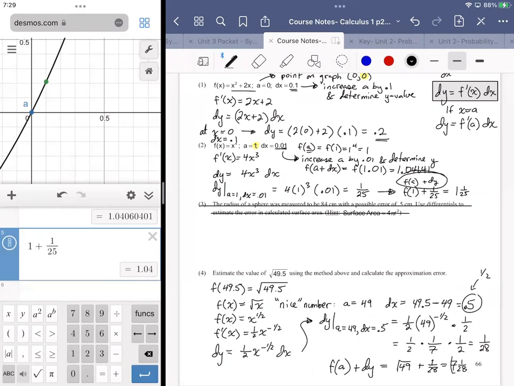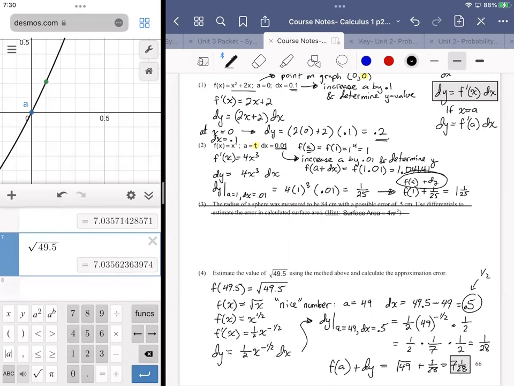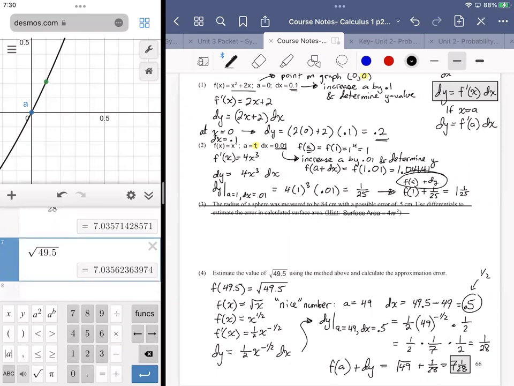And that is something that we can put into Desmos and just do a quick double check. 49.5 is a smidge more than 49, so I'd expect my square root to be a smidge more than 7. So 7 plus 1/28 versus the square root of 49.5. All right, so pretty spot on in terms of an approximation.